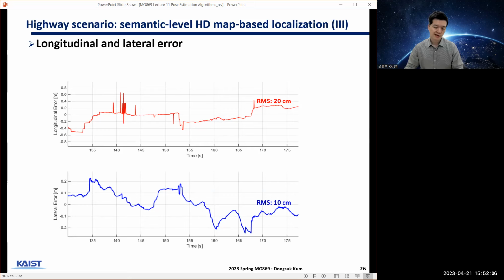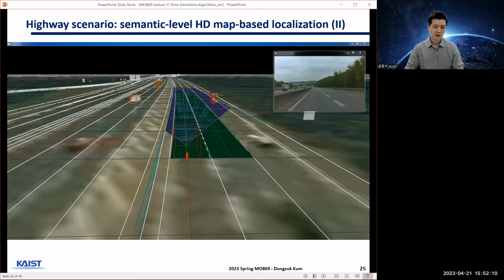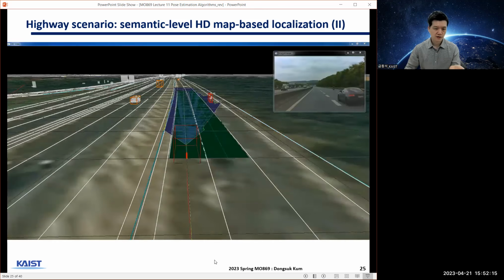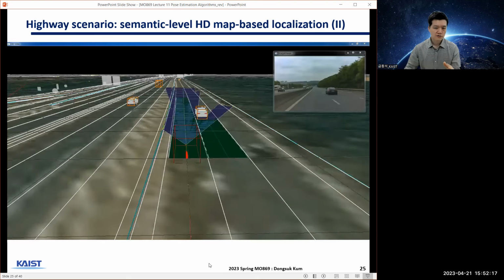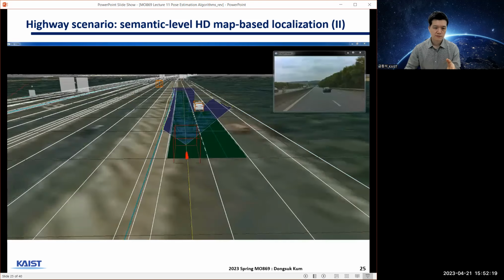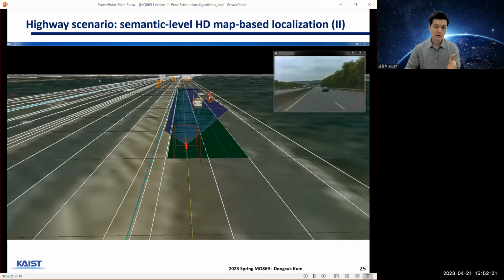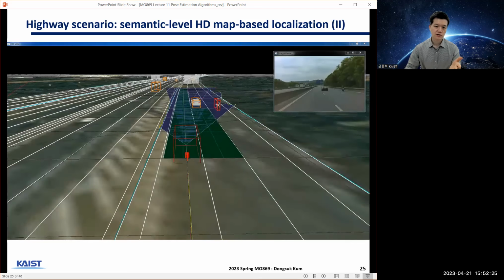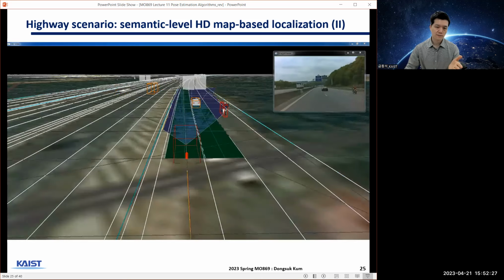Plus, there is less information in the longitudinal direction. If you think about it, in the longitudinal direction things are repeating. We have lane information, which gives you lateral information.